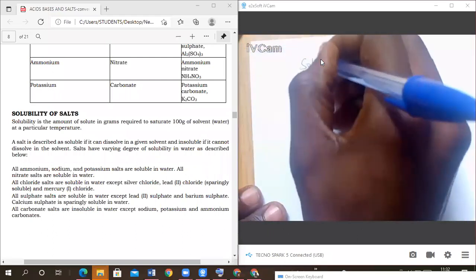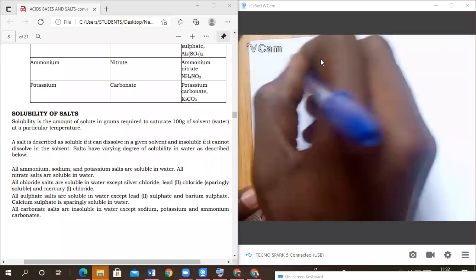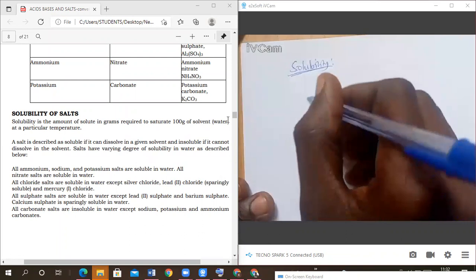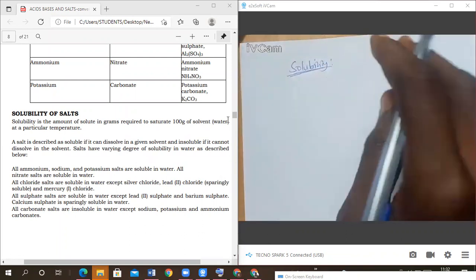Letitia, what does the word solubility mean? I don't have the right definition, but I can explain it.